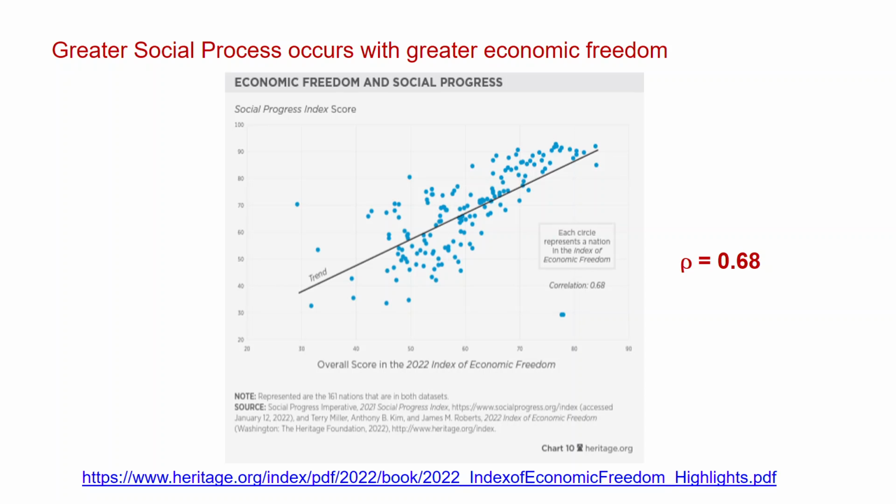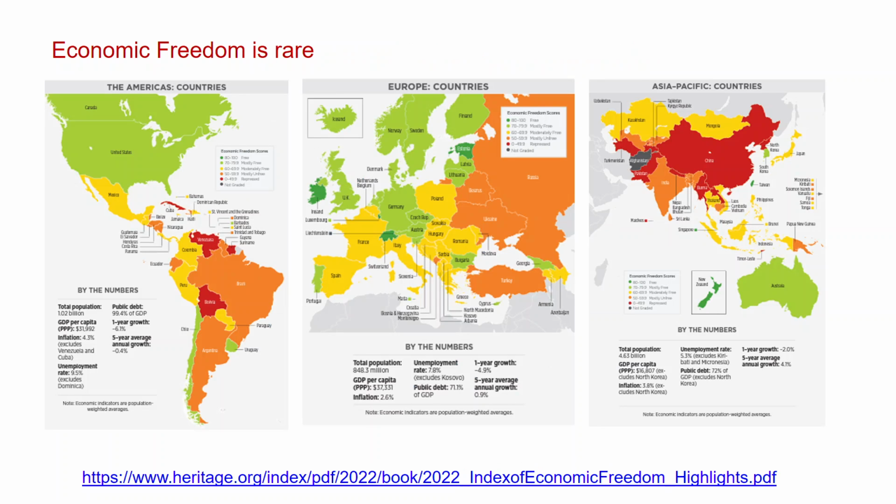So free countries are more progressive in the sense of the 2021 Social Progress Index. Again, you have to go look at that. I'm not telling you what this means or how it's measured. But if you look at this on virtually every single index we took a look at, better things are associated with more economic freedom.